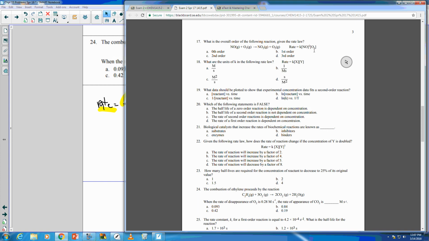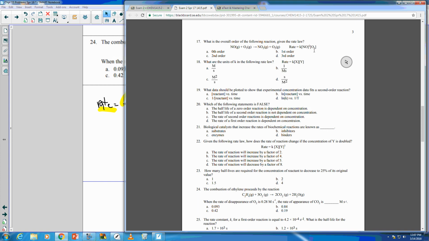All right, what else? 18. Same test? Explain that. Yes, right there. Okay. So on this one, it's recognizing what is the order of this? If this is the rate expression, rate is equal to, what is it? Second order, because you got first order and first order. It's a second order overall. All you have to do is go to the table and see what the units of k are for a second order. Do we need to know that? That's not on the test.